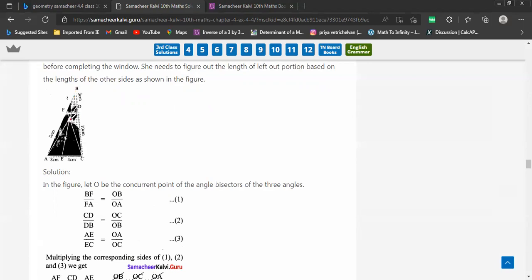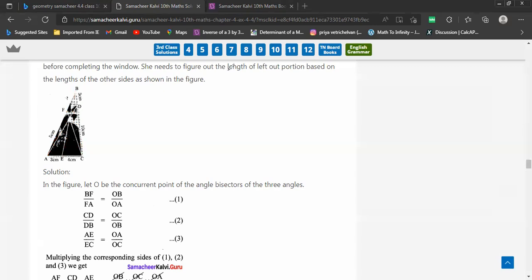They are taking O as the concurrent point, the point where all the angle bisector lines meet. The concurrent lines are CF, AD, and EB. These three lines pass through the point O.